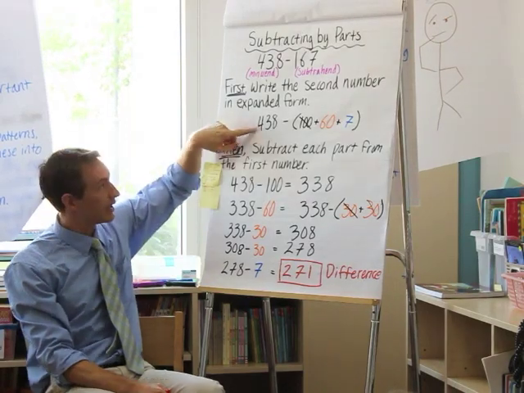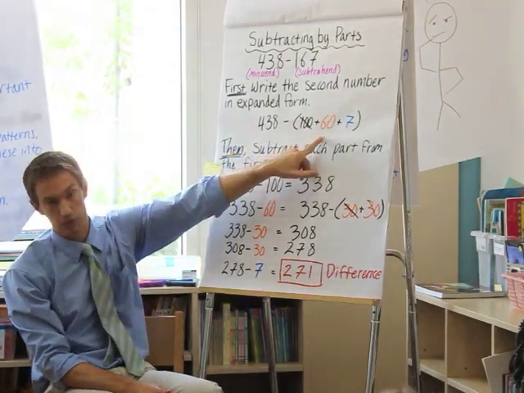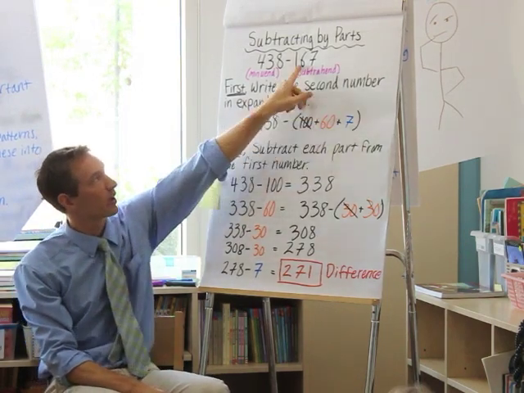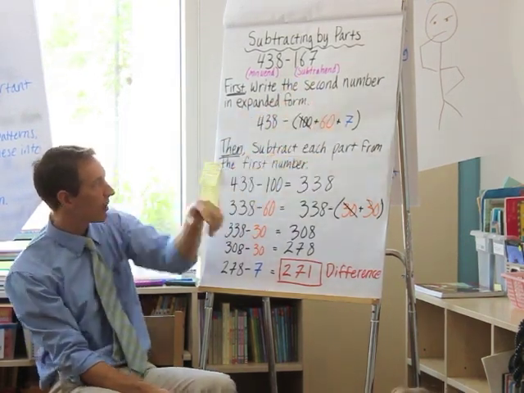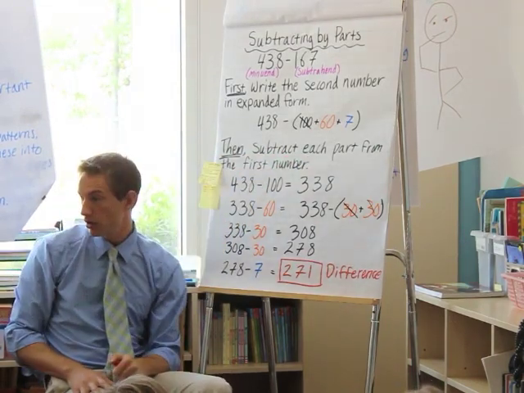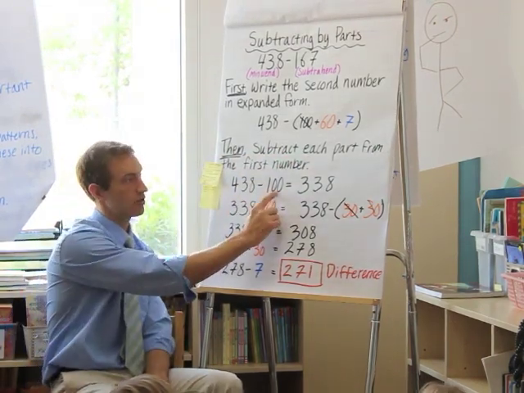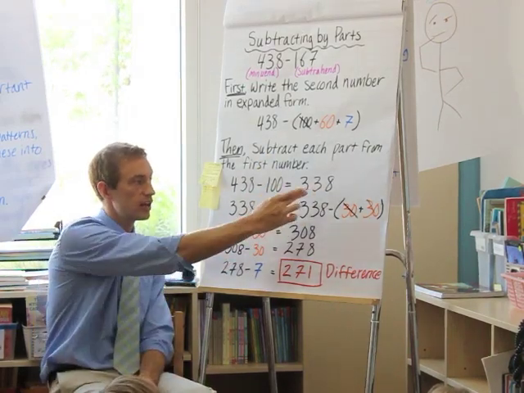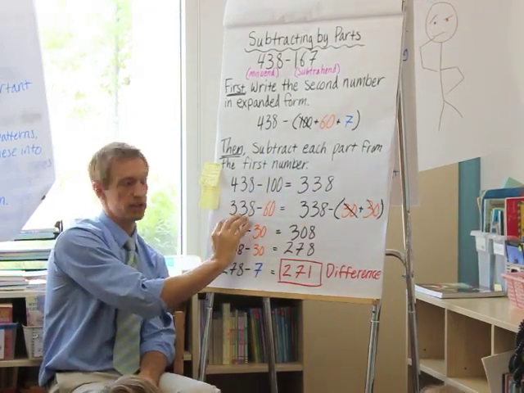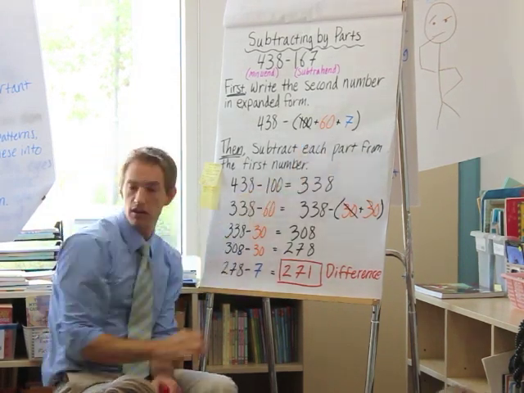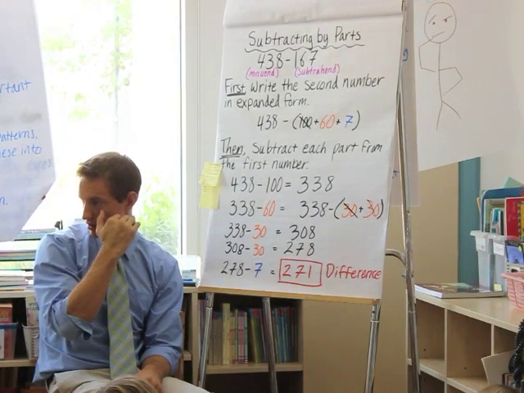First, we write in expanded form the subtrahend, or second number. Okay, 167. Then you subtract each part from the first number. I subtract first the 100. Got 338. Then, I brought the 338 down here just to organize myself. Then I take away the tens.